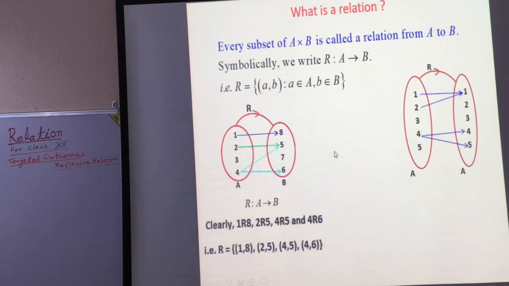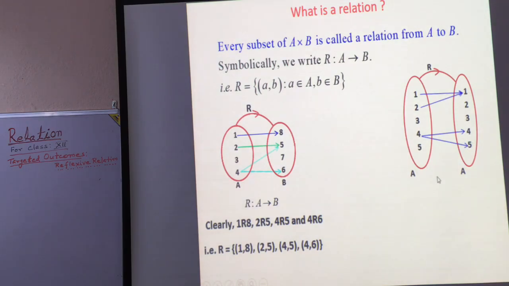Take another example. Here, relation R is defined from A to A. It is called a relation on A. In the figure, 1 is related with 1, 2 is related with 1, 4 is related with 4 and 5.